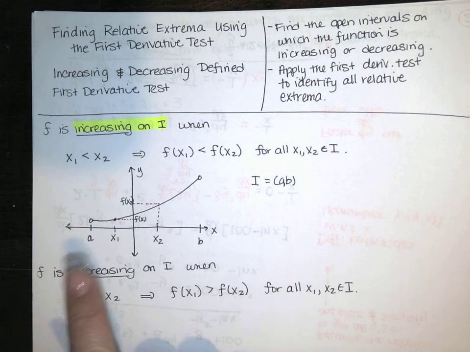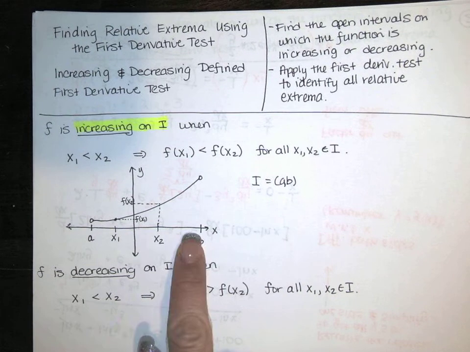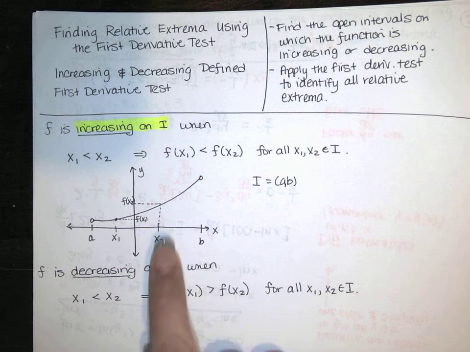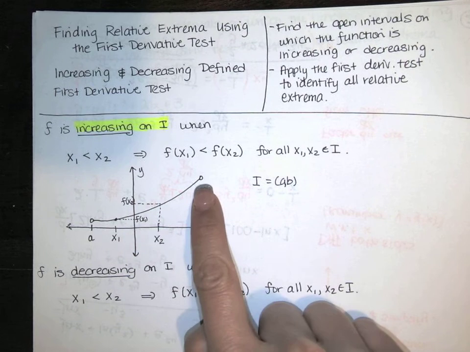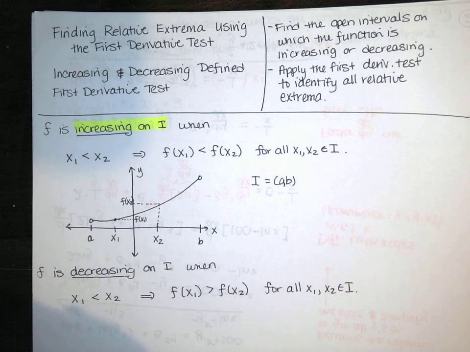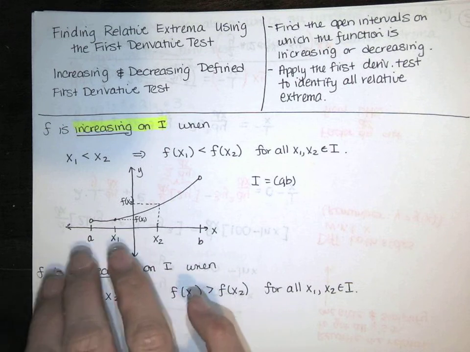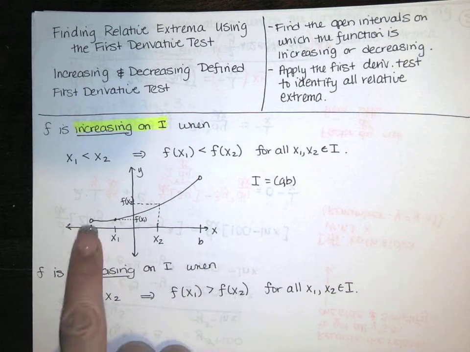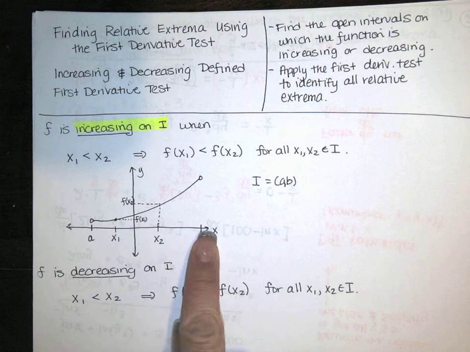But we say the function is increasing if you look at that function on the interval from left to right, and the y values are going up. Now, if you're saying to yourself, but Ms. Townsend, the y values are going down if I go this way, you're absolutely right. But whenever we're examining a function, we define increasing and decreasing in terms of looking at the graph from left to right. So as x increases, what happens to the y values?